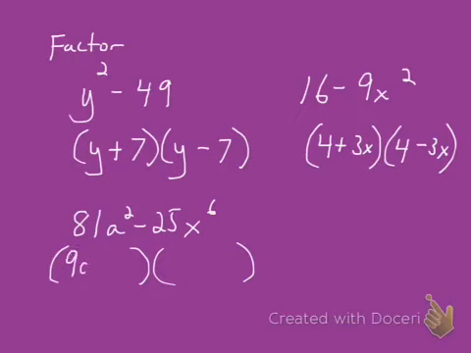We would have 9a and 9a, and 5x to the 3rd and 5x to the 3rd, one plus, one minus. And double check yourself, and it should bring you back to 81a squared minus 25x to the 6th.